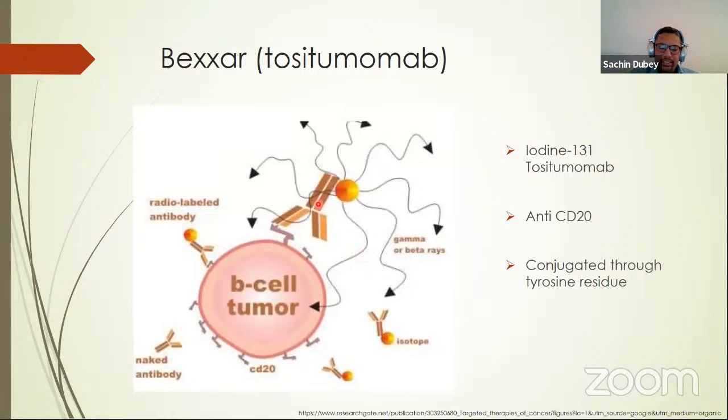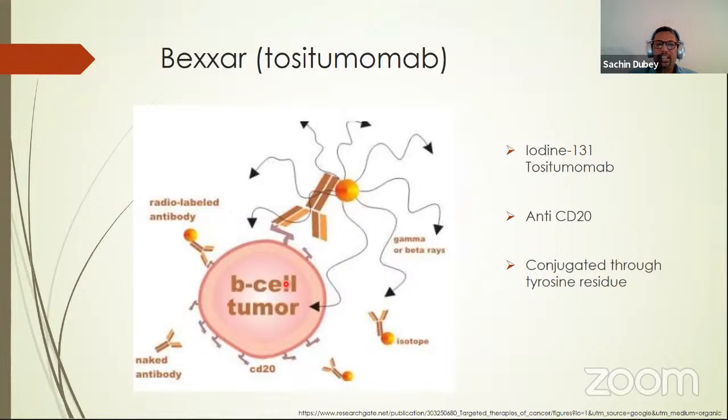So through its specificity, it will go and interact with the tumor cell, and through its radioactivity part, which you have attached through a chemical linker, based on gamma or beta radiation, it will kill the cells which are around it.